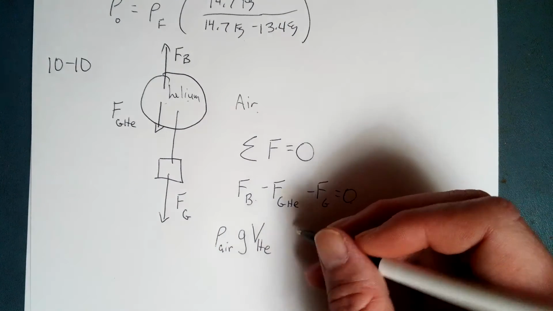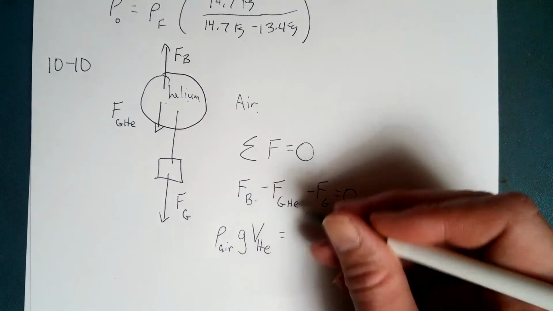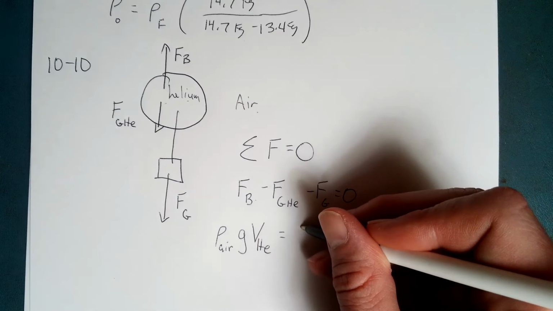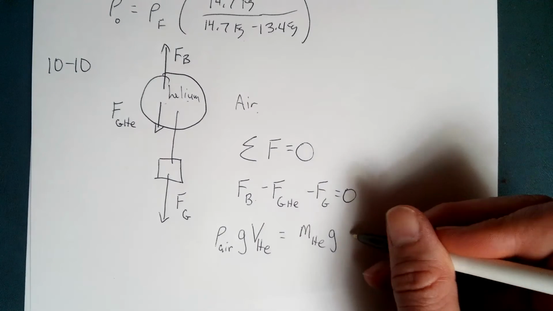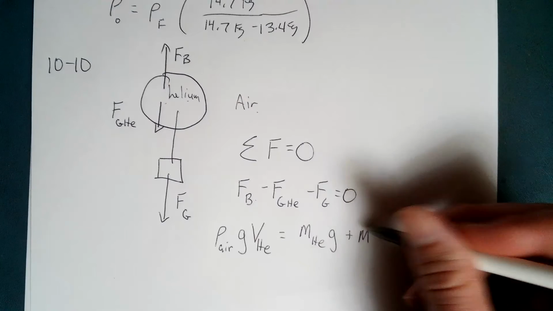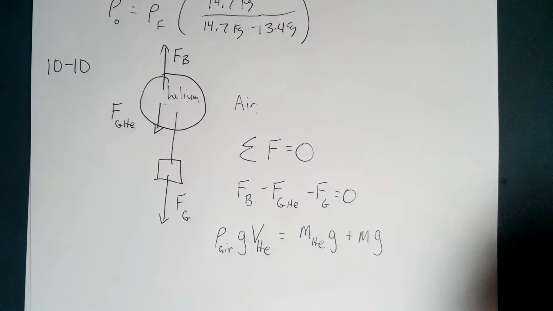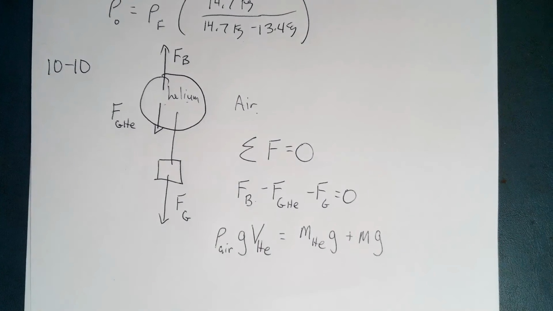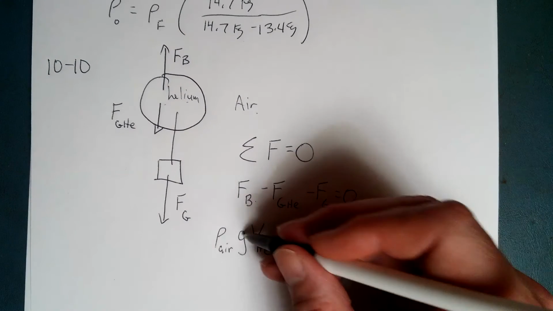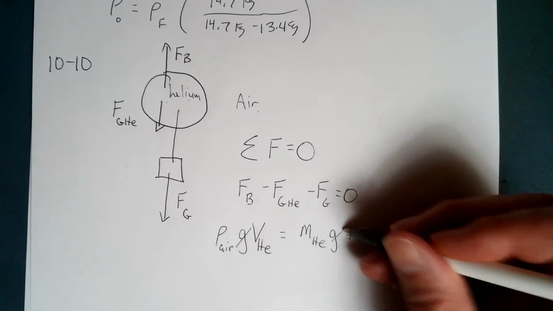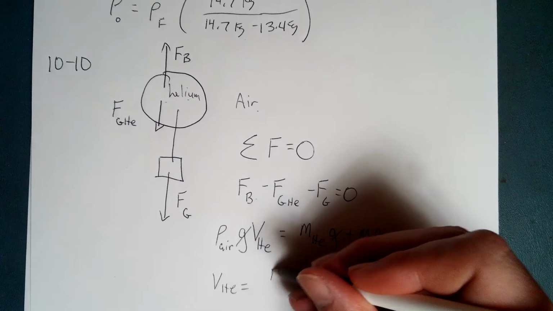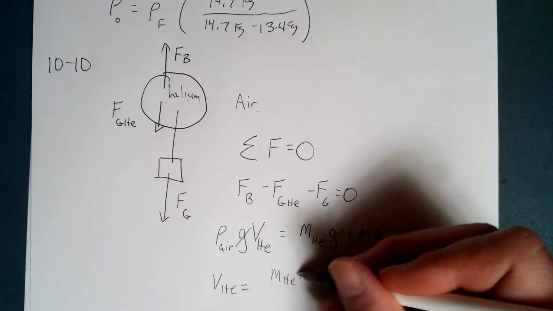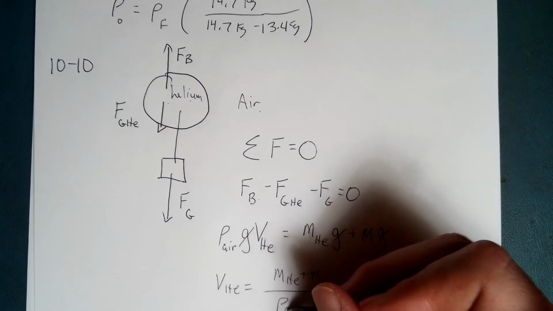And I'll go ahead and solve this, but this is going to be m of helium g plus just the mass of the load g. First we can see all the g's cancel. That's good. So volume of helium, mass of helium, mass of load over density of air.